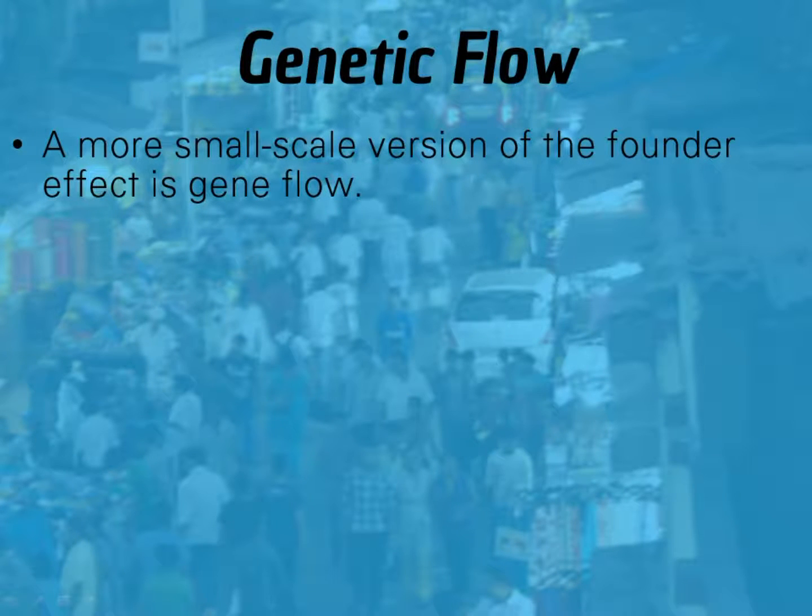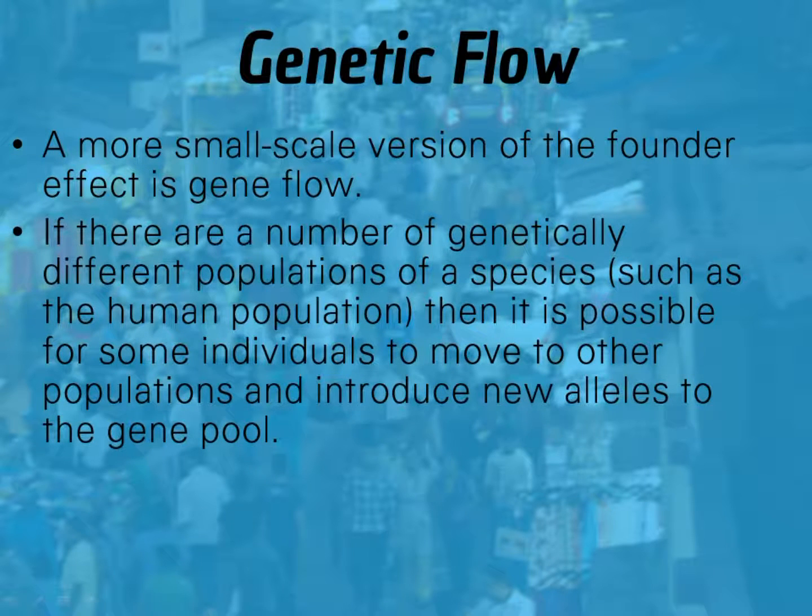So a more small-scale version of the founder effect is gene flow, and this is when we talked about, say, the change of ethnic populations over time. There are a number of genetically different populations of a species, like in the human population. Then individuals from part of the population may move over into other populations and introduce new alleles to the gene pool.